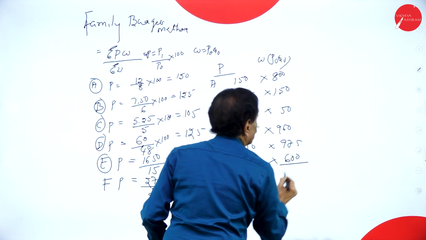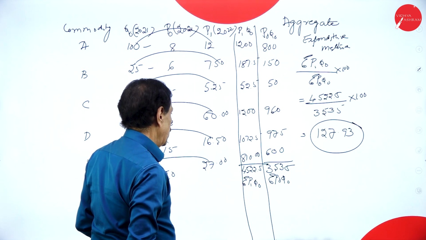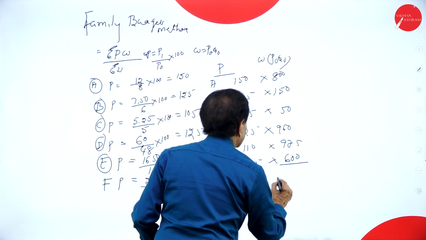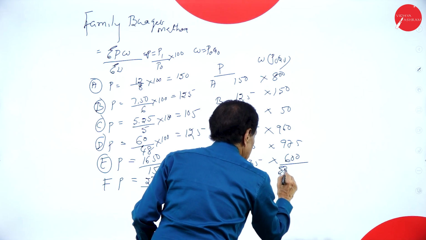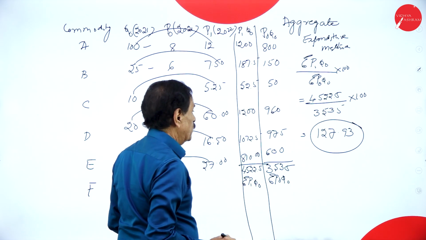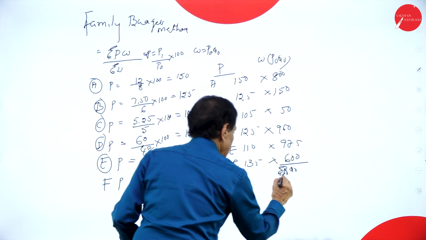You already have got a total 3535, sigma P naught Q naught. How much you got? 3535.